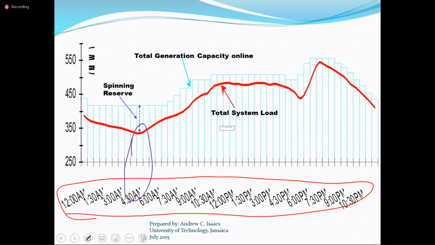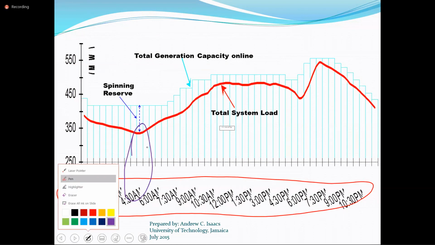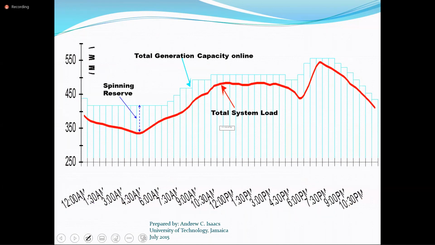What you can see here, however, is that at about 6 a.m. the country starts waking up. This is the period when persons are getting ready to go to work, school, etc., and system demand increases.